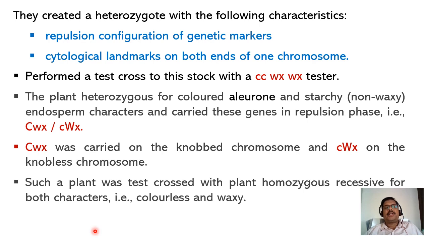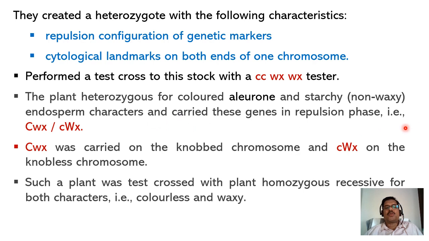They created a heterozygote with the repulsion configuration of genetic markers and cytological landmarks on both ends of one chromosome. They next performed a test cross of this stock with a small c, small wx tester.